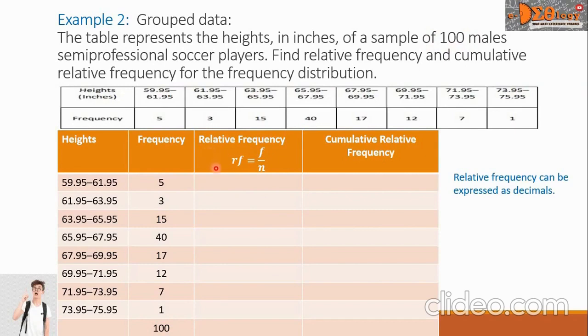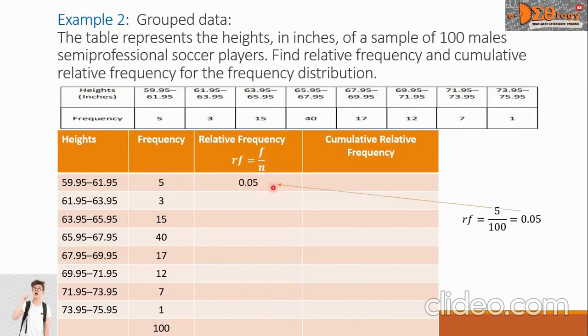This time, we are going to use this formula to express and show that relative frequency can be decimals also. Let's begin with our first blank. So Rf equals the f, and that is the 5, over the n, which is 100. And the quotient is 0.05. We will copy this value in the first row.